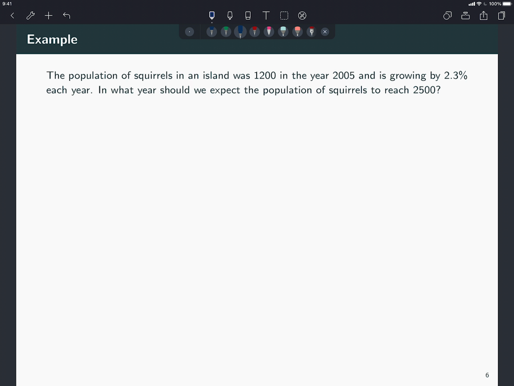So my next example is going to be this one. The population of squirrels on an island was 1,200 in the year 2005, and is growing by 2.3% each year. In what year should we expect the population of squirrels to reach 2,500? So again, we're using this situation, P0 times 1 plus r to the n.